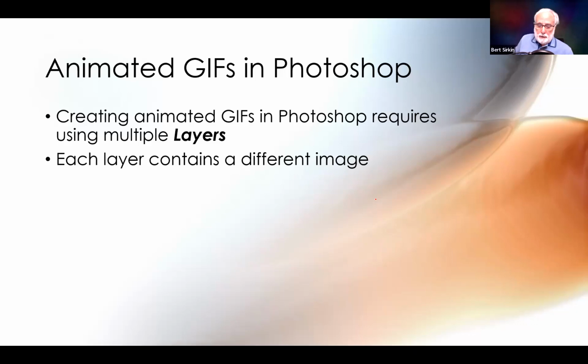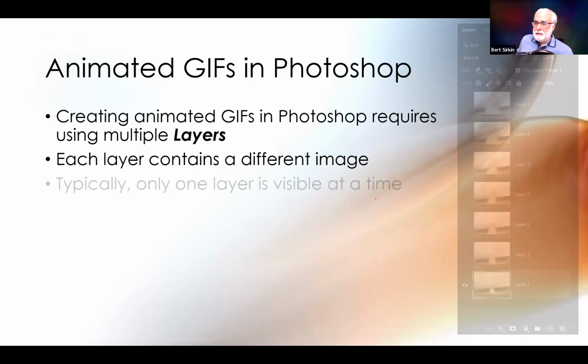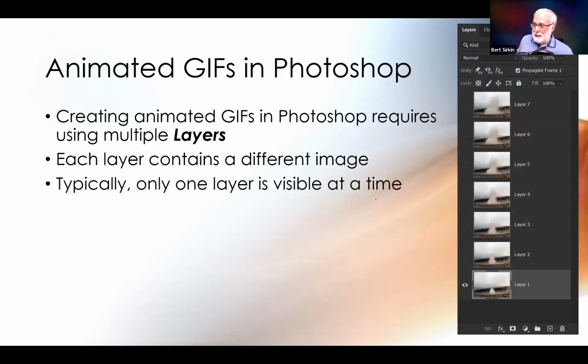But assume you took a whole bunch of pictures of that geyser, maybe a dozen pictures, and you're then going to put each of those images on a separate layer in Photoshop. So basically, there's a geyser. It's actually a different geyser. And you can see 7 images, and you can see each image is different.